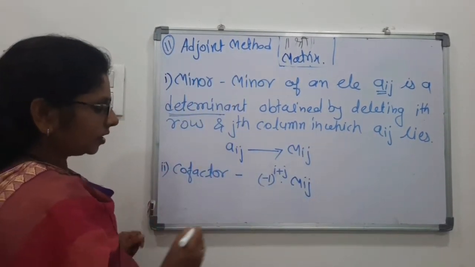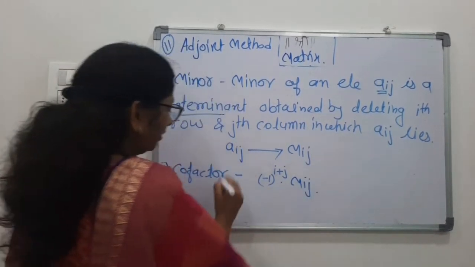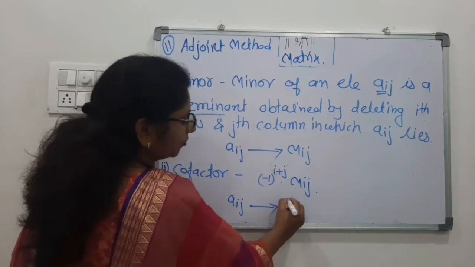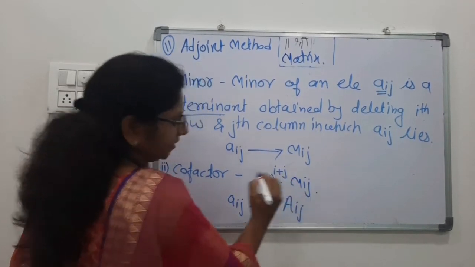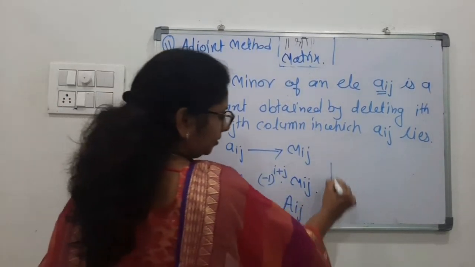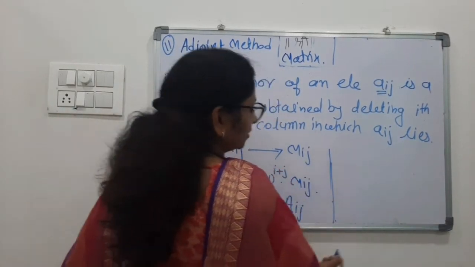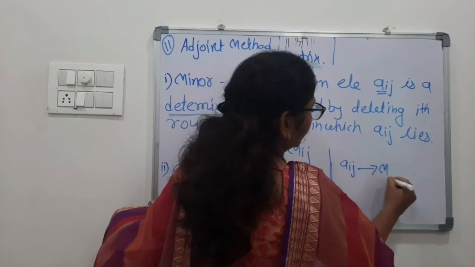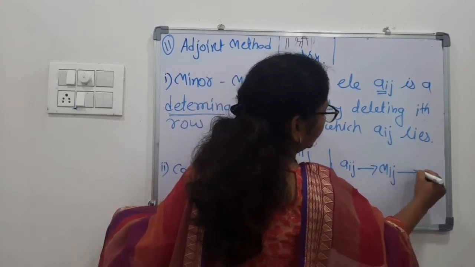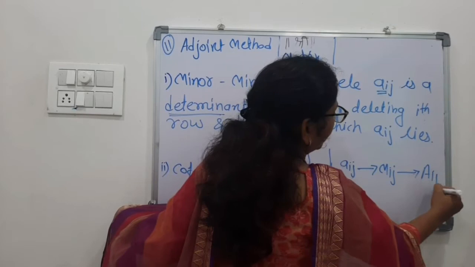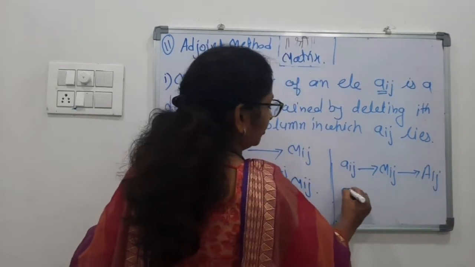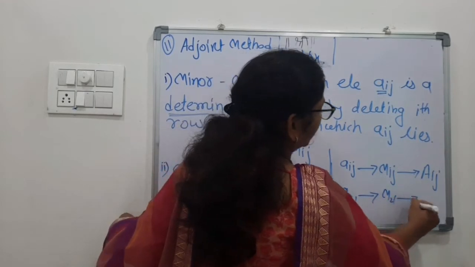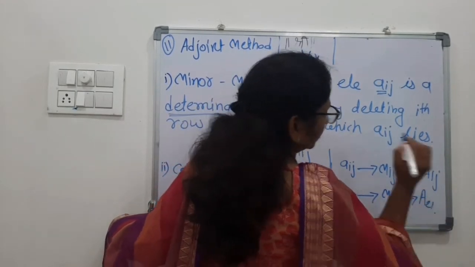Understood? If the element is Aij, we denote its cofactor by capital Aij. Suppose the element is a21, then the minor will be M21 and the cofactor will be A21.